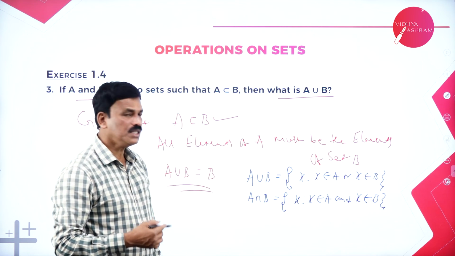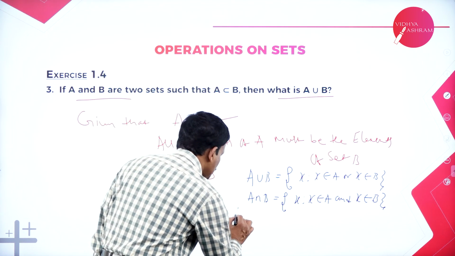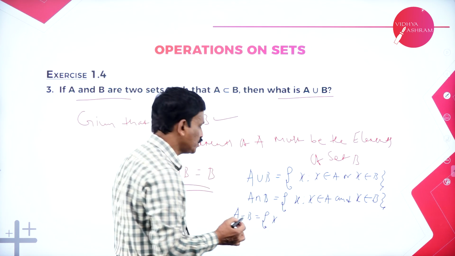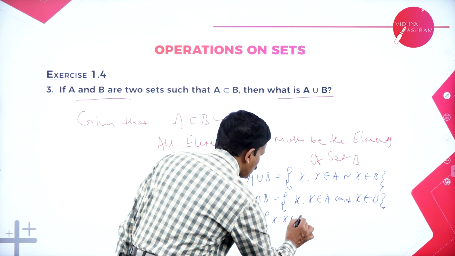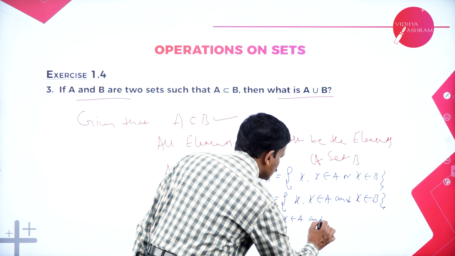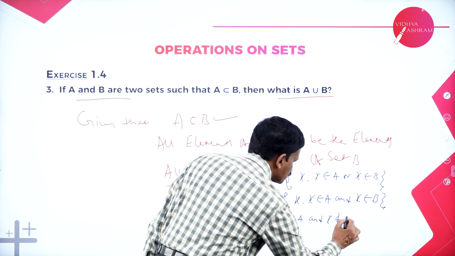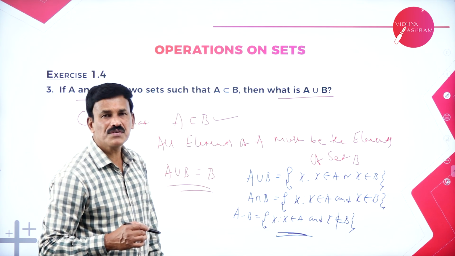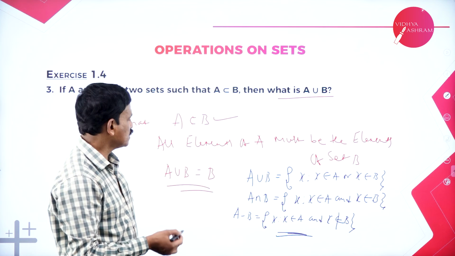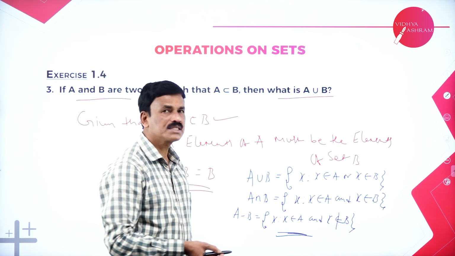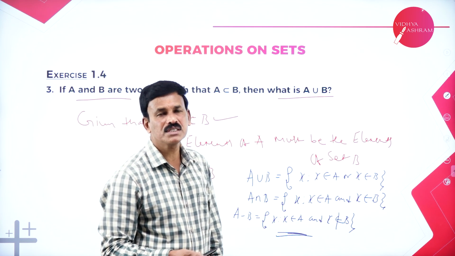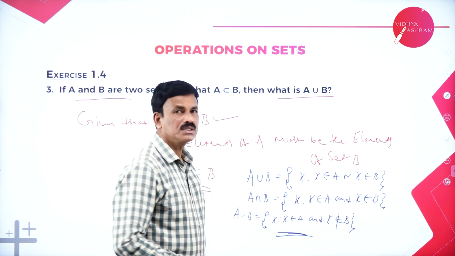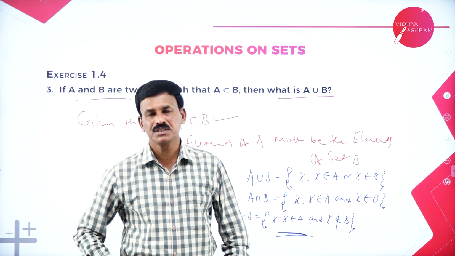Now, the difference A minus B is equal to {x such that x belongs to A and x does not belong to B}. These are the things which we have studied. B minus A is nothing but {x such that x belongs to B and x does not belong to A}. The difference of A and B, A minus B and B minus A, are the few things which we have studied in this session.